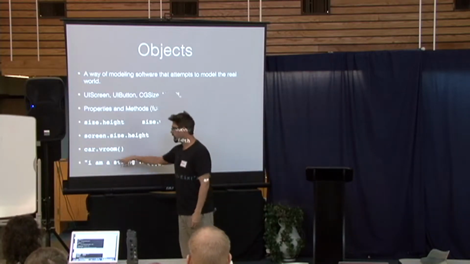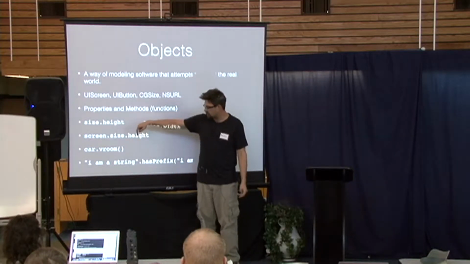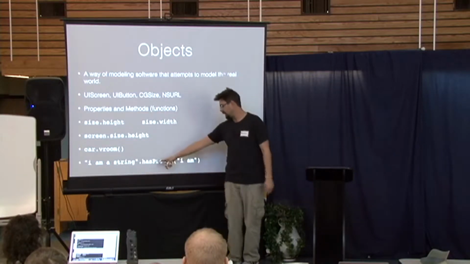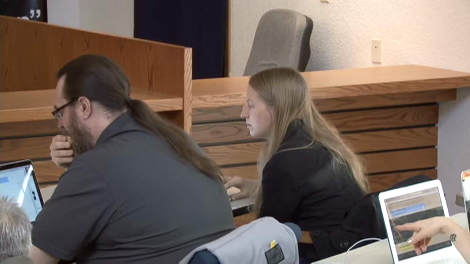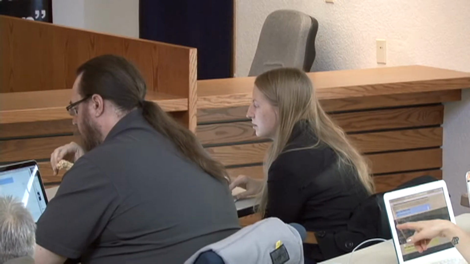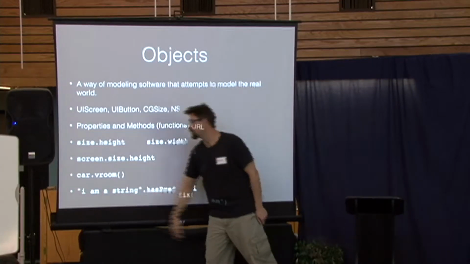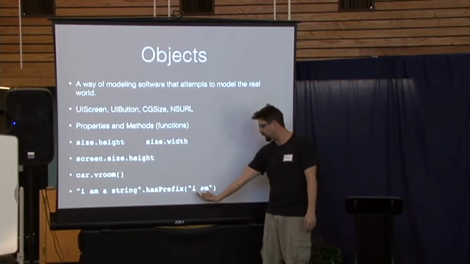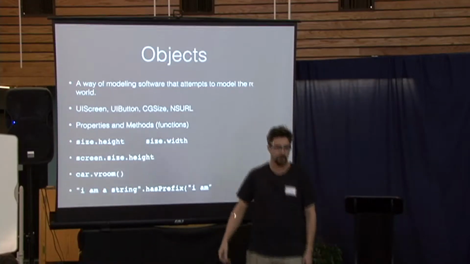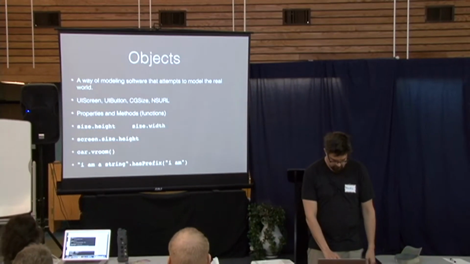If this is blowing up your head, you could imagine var string equals "I am a string", and then string.hasPrefix, which is a method, with "I am". This hasPrefix returns a Boolean. It checks the beginning of the string to see if it matches, and in this case it does, so this would return a true value. And let me see, what else do I have on here?